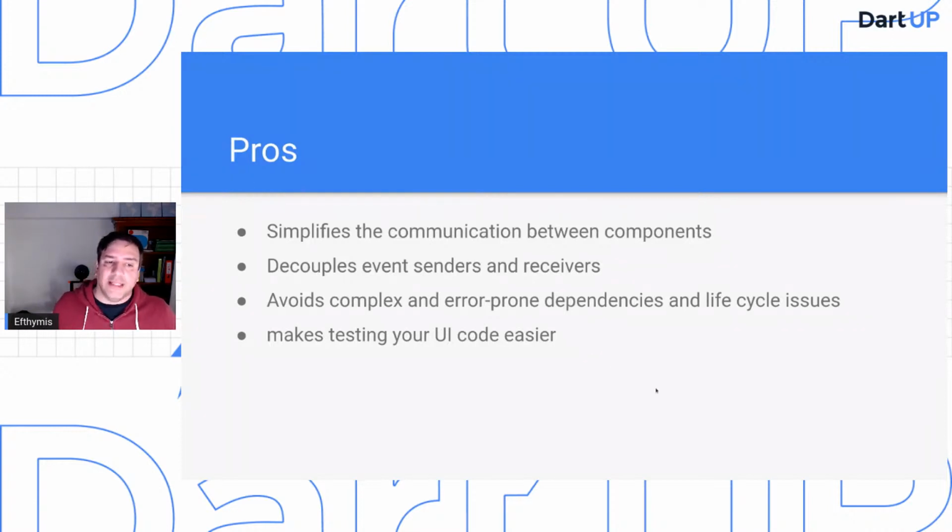And so the pros are that it simplifies the communication between the components. Let's say that a service needs to be aware whenever a user is authenticated, but you want to split that service because it has different interests than the whole service. So you don't want to put that logic inside the service that's handling the login or the authentication. So you have a service that's only concerned about authentication, and whenever a user is authenticated, it emits this event.